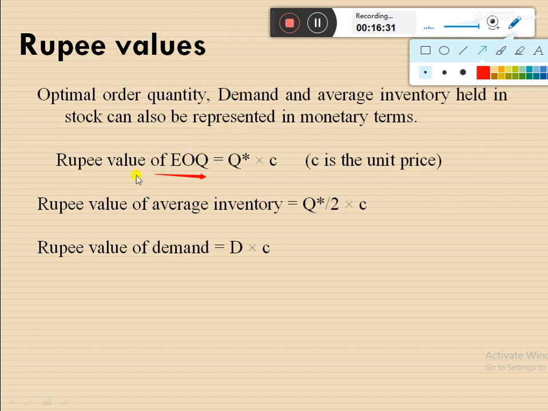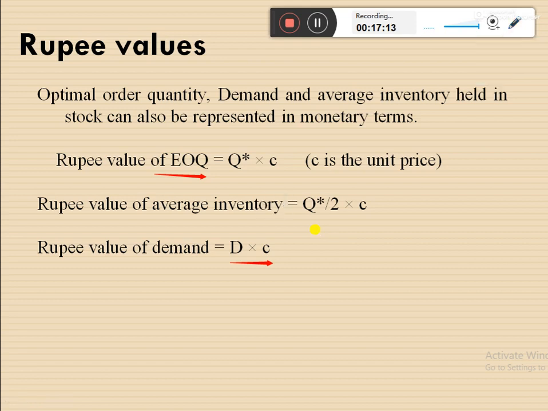So if we want to convert economic order quantity into rupee terms, then simply multiply economic order quantity with the unit price of the item. Similarly, the average inventory can be converted into rupee terms by simply multiplying the average inventory with unit price, that is C. And rupee value of demand also can be represented by using this expression, that is D into C, where D denotes the total demand in terms of units and C denotes the unit price.